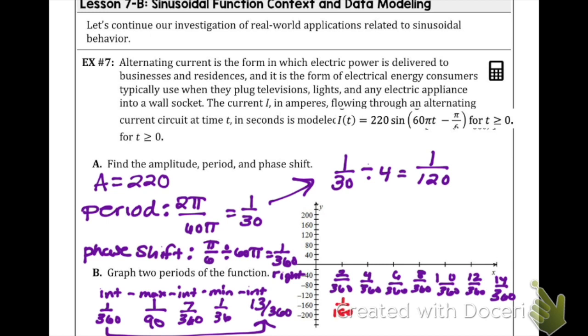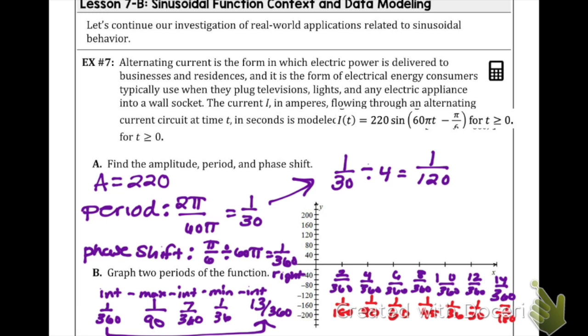And 4 out of 360 is going to reduce to 1/90th. 6 out of 360 is going to reduce to 1/60th. 8 over 360 is going to reduce to 1/45th. 10 out of 360 is going to be 1/36. 12 out of 360, little fractions, 1/30th. And 14 out of 360 is going to go to 7 over 180. Okay.